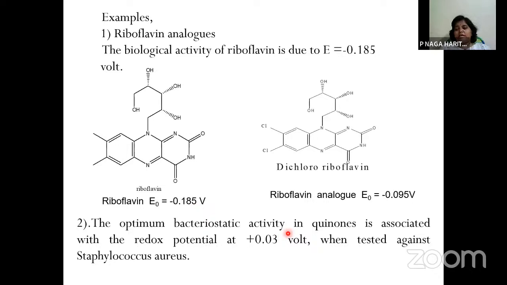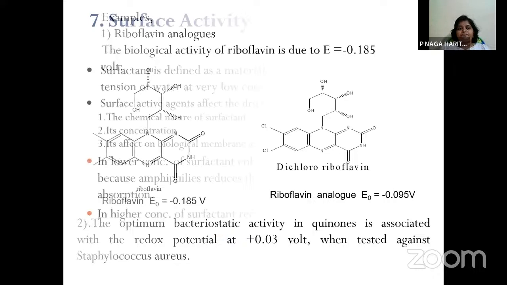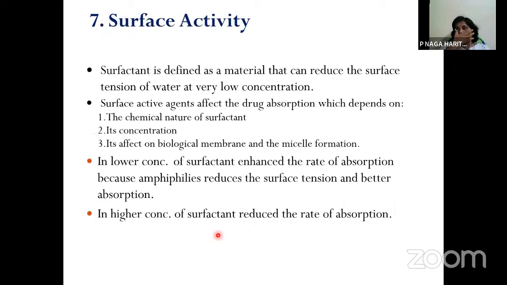And the bacteriostatic activity in quinones is associated with the redox potential, which is at plus 0.03 volts when tested against Staphylococcus aureus. So that is how the redox potential helps identify the biological activity of any drug depending upon the redox potential.